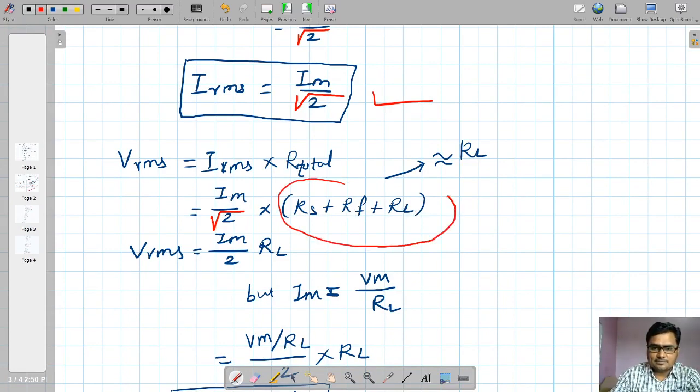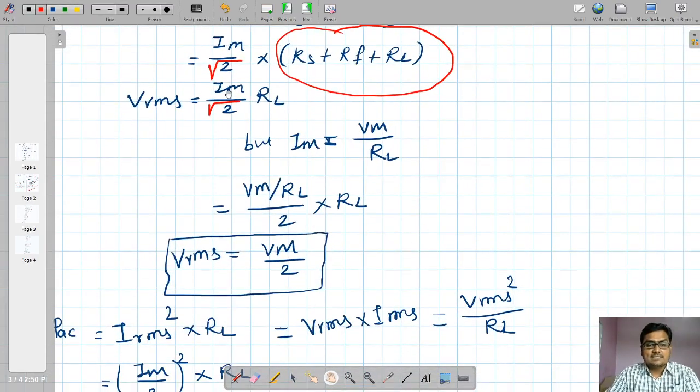This is approximately RL. So what I am writing is Im divided by root 2 multiplied by RL. But I want voltage in terms of voltage, I don't want voltage in terms of current. So in the next step, I will represent this Im in terms of Vm.